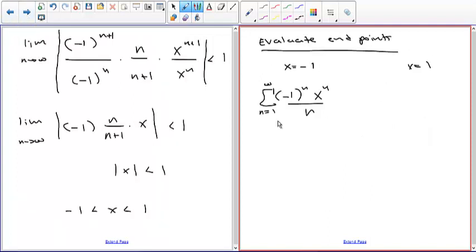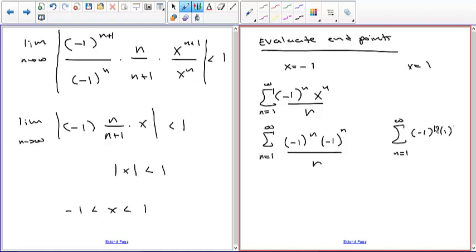So if you put -1 in, you'll get -1 to the n times -1 to the n divided by n. And if you put in +1, you'll get the summation from n equals 1 to infinity of -1 to the n times 1 to the n divided by n.